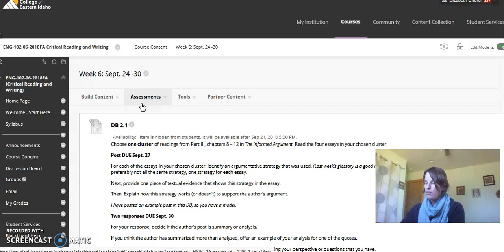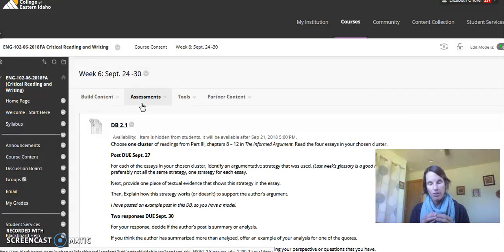If you grab your textbook, you'll see that Part 3 starts on page 205 and has a series of essays. Chapters 8 through 12 are all essays, and there are a number of clusters. For this week, you're going to choose one cluster. Every cluster is 4 essays long.